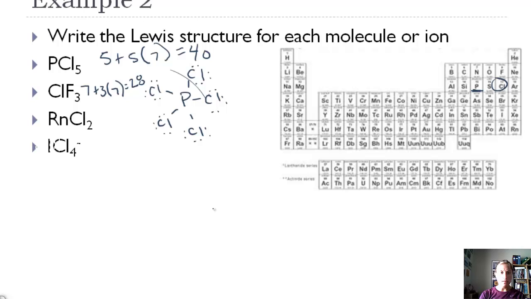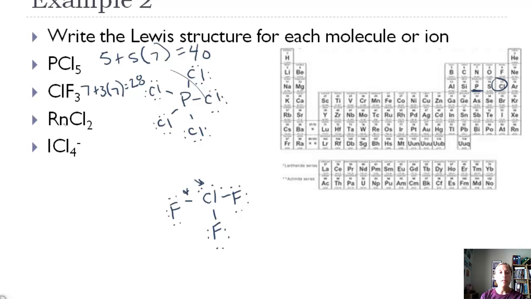So we have our chlorine and three fluorines, and counting out 28 electrons, chlorine has exceeded the octet rule. It's got 5 pairs total, 3 of which are bonded pairs and 2 of which are lone pairs.